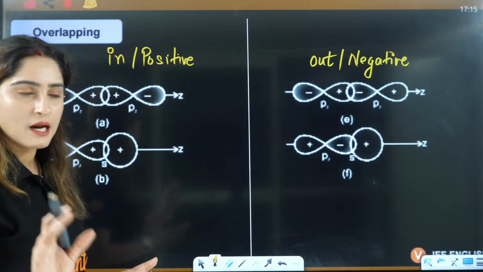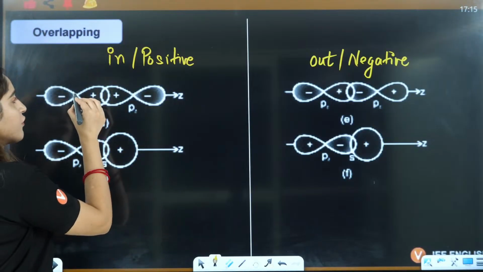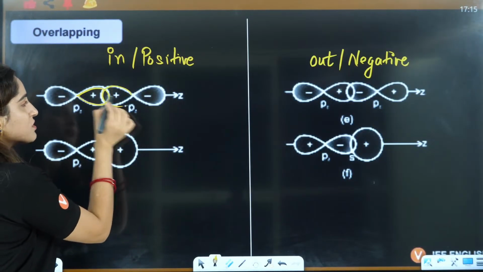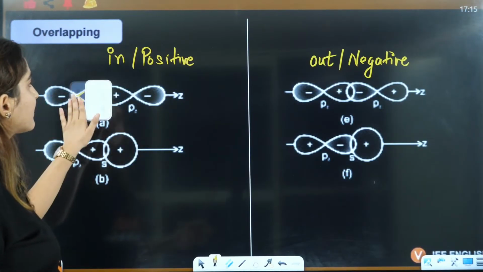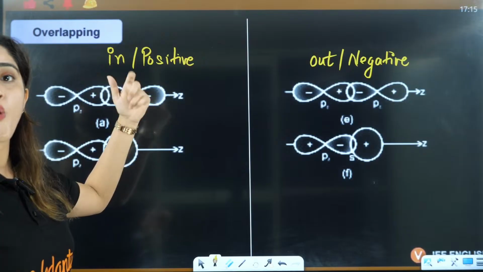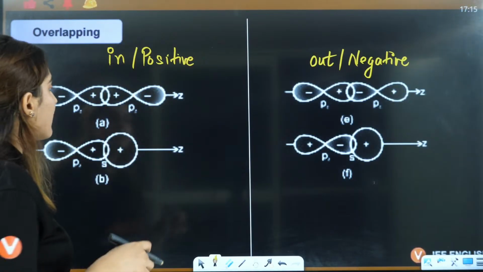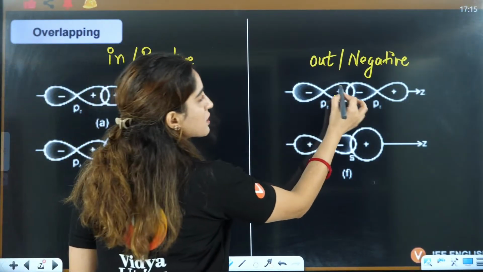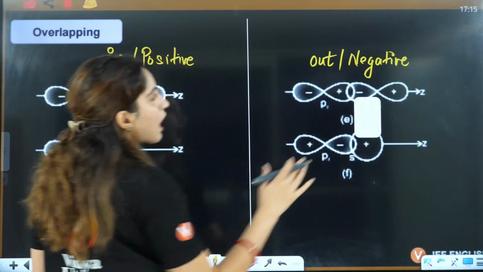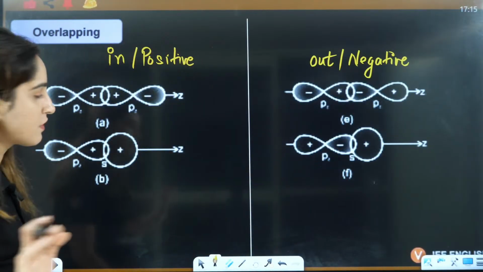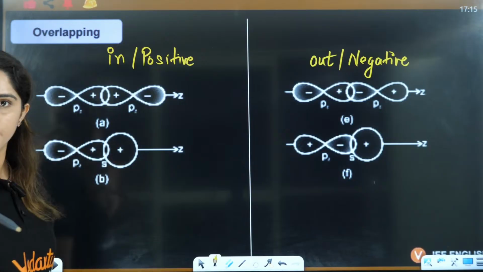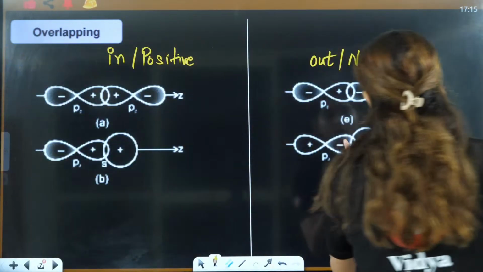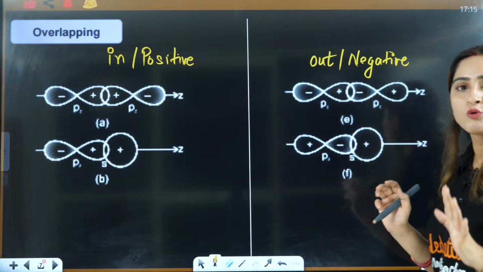In a similar way, when you have two lobes which are positive, when they are combining, we say that this is in phase, it is positive. And when you have one positive and one negative, that is out of phase or negative. Similarly here, two positive, one p and one s, it is in phase. One negative, one positive, it is out of phase.